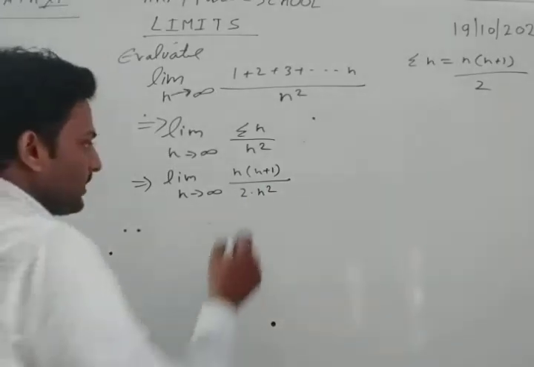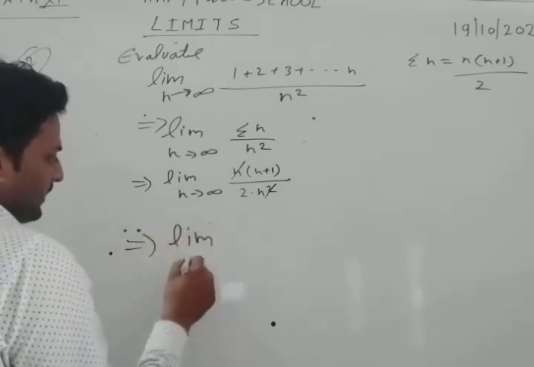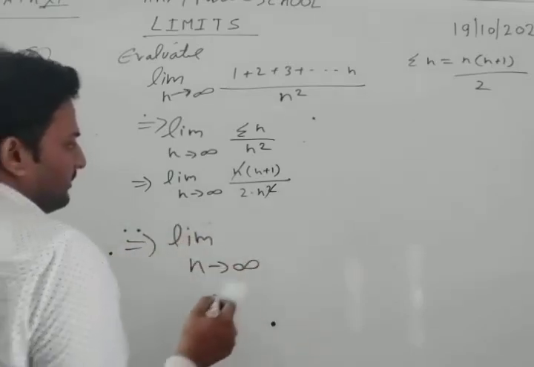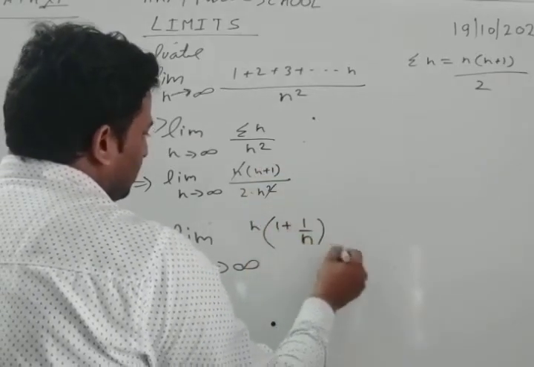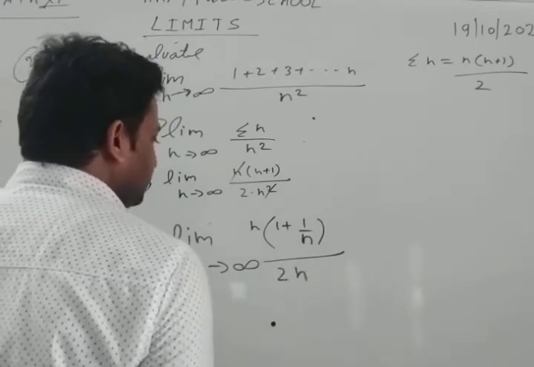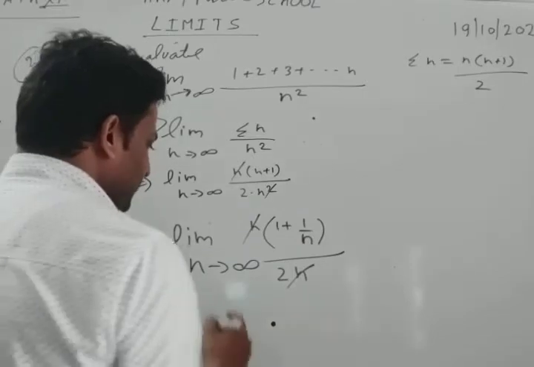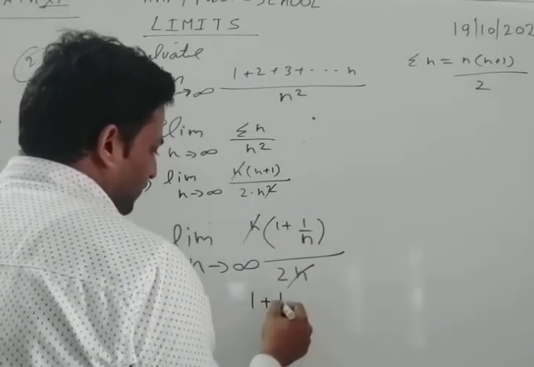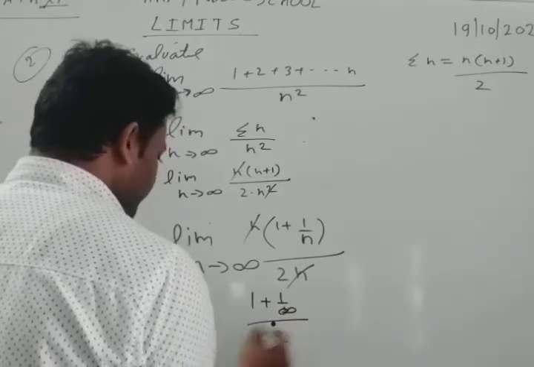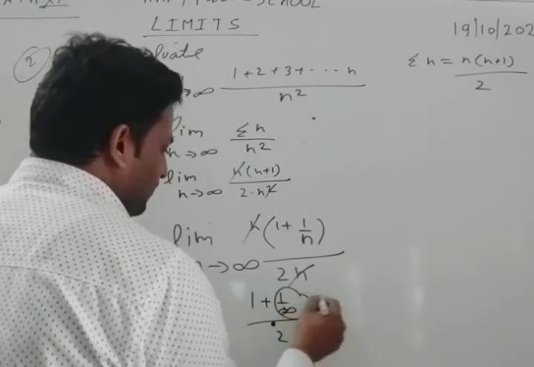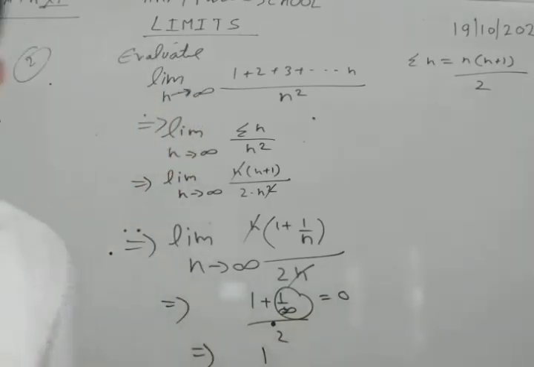Now n and n cancel. Now we take n outside: 1 plus 1 by n upon 2n, so this n and n cancel. Now put the value infinity here, we get 1 plus 1 by infinity by 2. So this term will be 0, and 1 by 2 will be our answer.